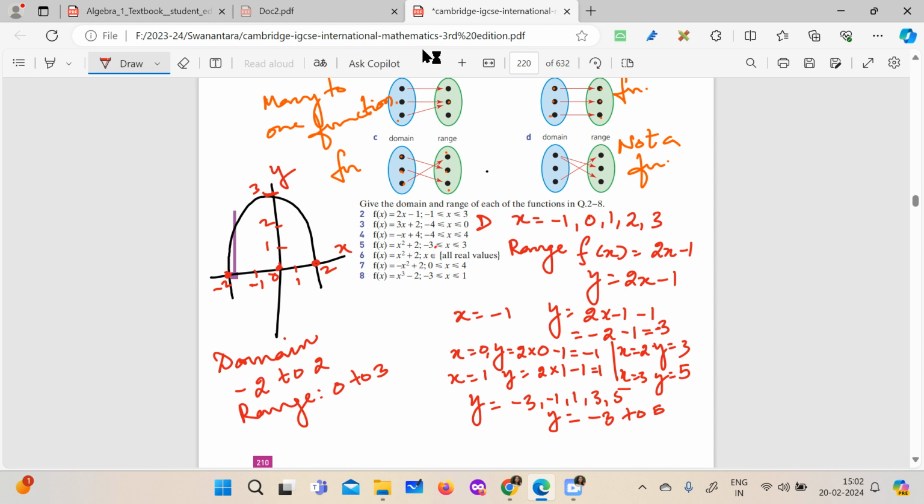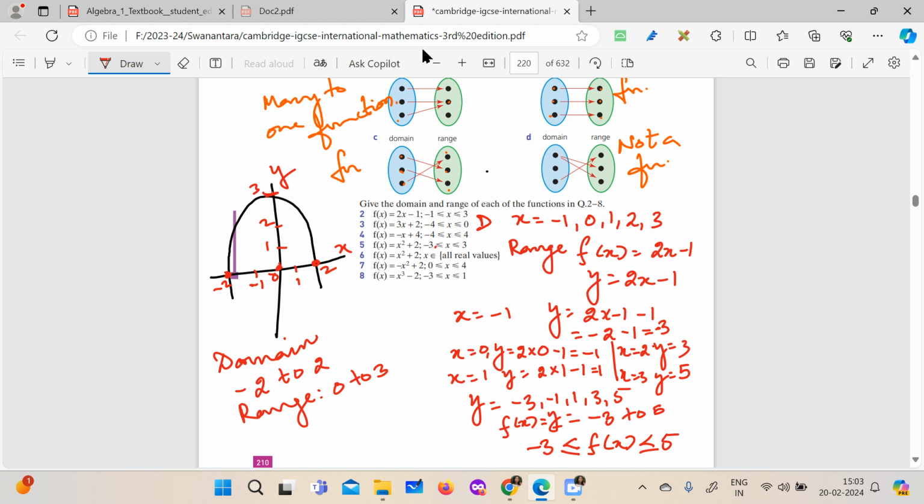Now I have to write these values in the form of an inequality. Since y is nothing but f of x, I will write it like this: f of x is greater than or equal to minus 3 and less than or equal to 5. Did you understand this? Yeah.